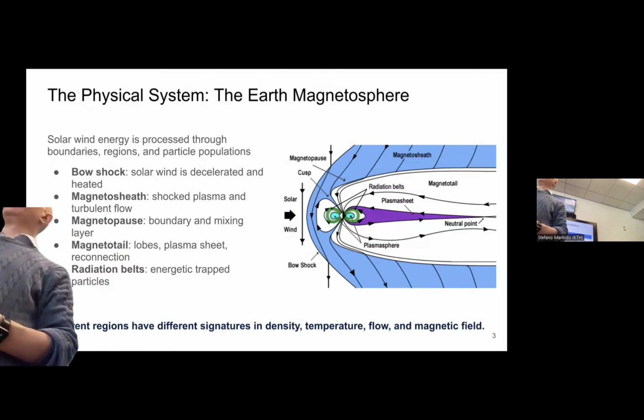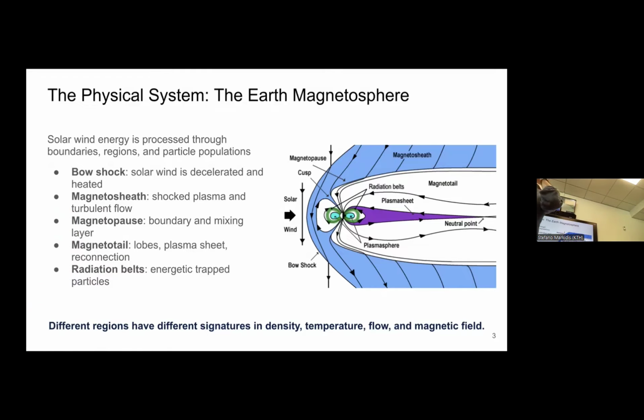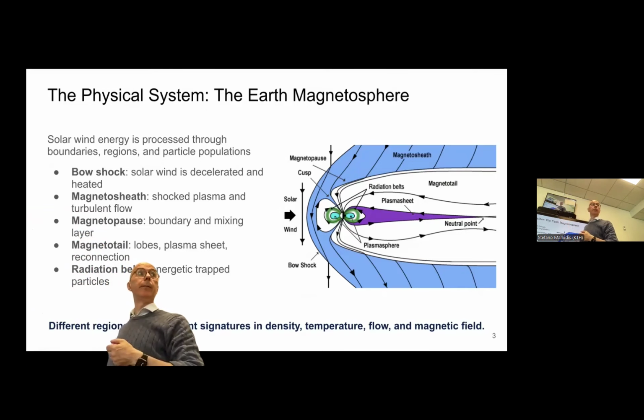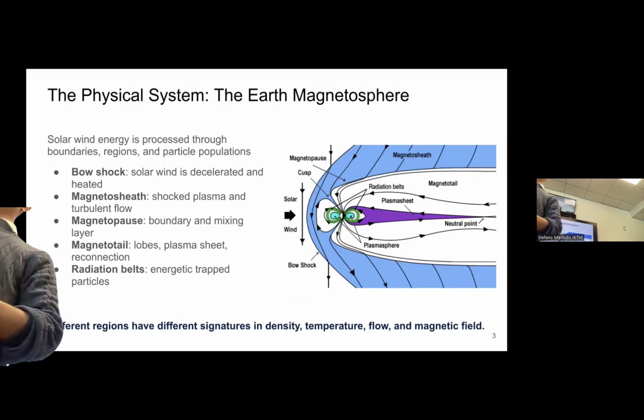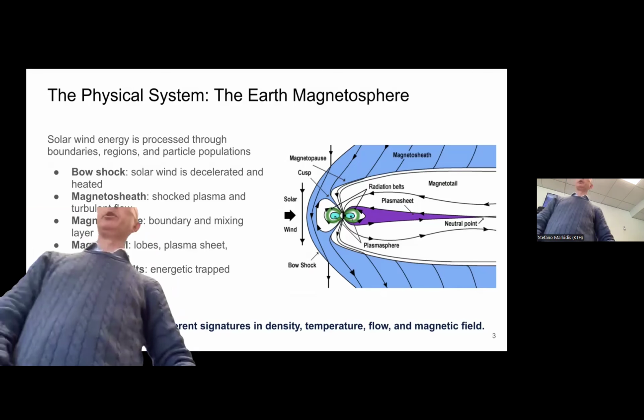This is also quite an interesting area, most importantly for magnetic reconnection, which happens in the tail here in the back, and that leads to a reconfiguration of the topology of the Earth's magnetic field.